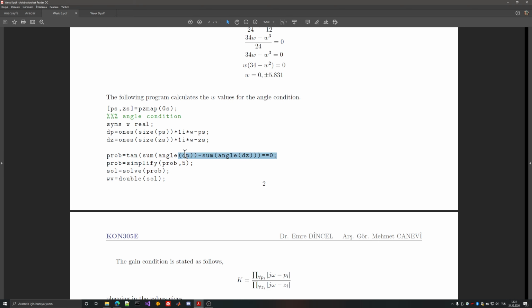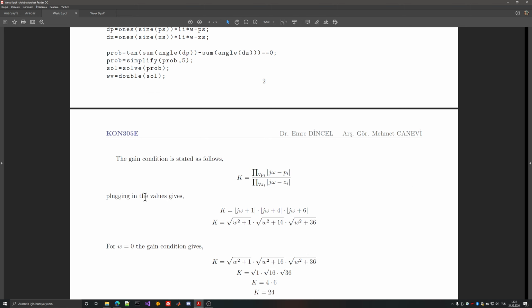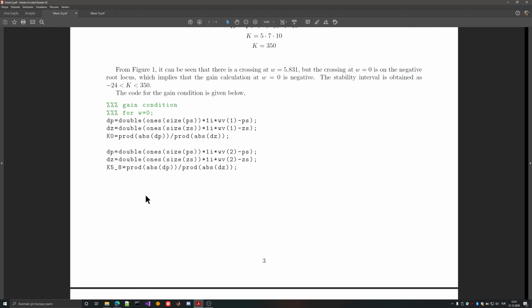I'm implementing the same thing, and I'm letting MATLAB solve it. You can also work out this one by hand, but this code will automatically, hopefully, generate the solution here for omega, and I have 2 omega values. So that's the root locus part.